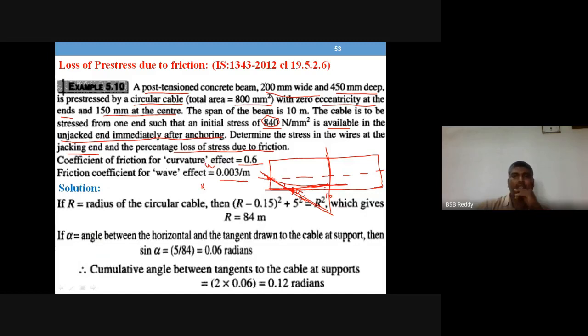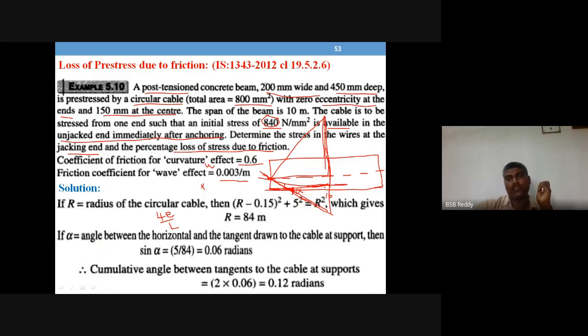To find alpha, if it is a parabolic cable, we use dy by dx, like in the last session we have done. 4e by l is the slope value. As this is a circular one, you have to use the other way of finding it. Just extend these two points, and you take the horizontal line of this one.